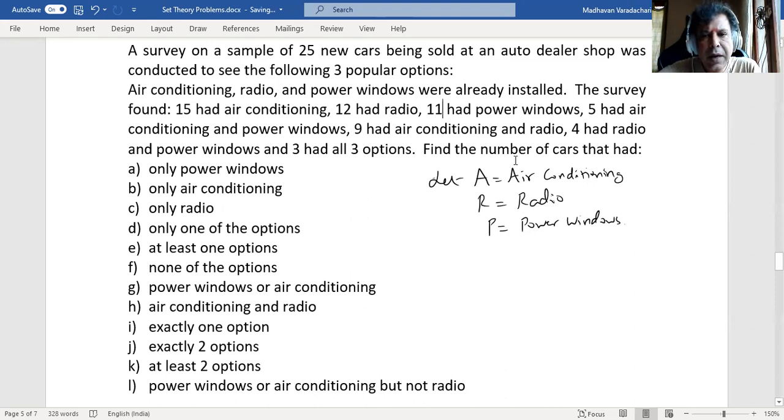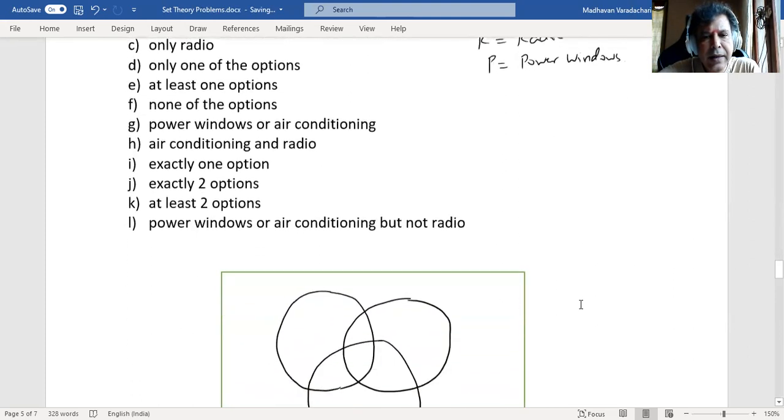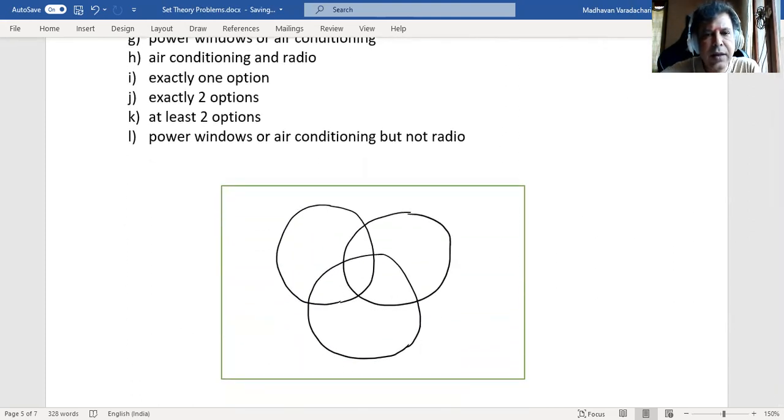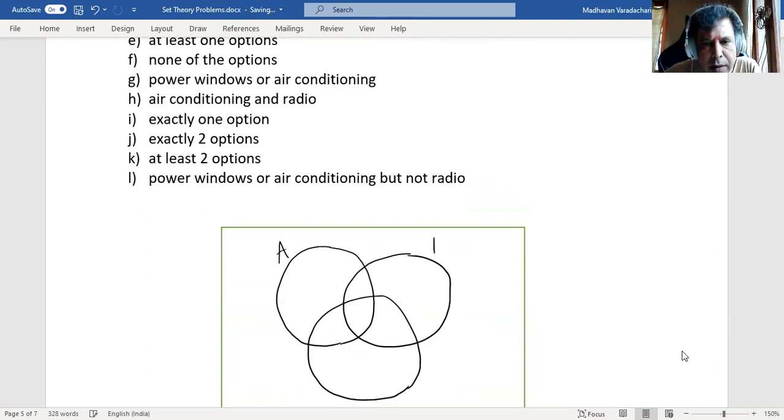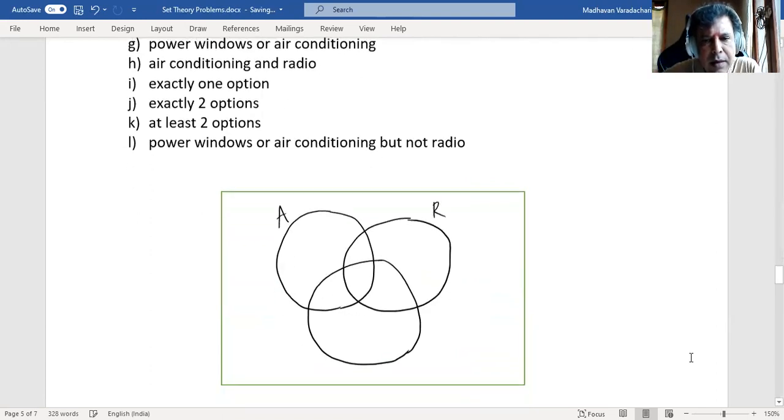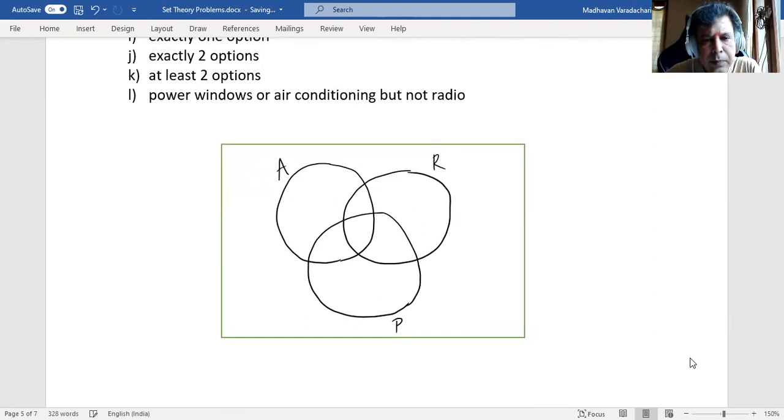So we have three different categories. So we'll create a Venn diagram having three circles. The first one is of air conditioning, radio is the second one, and third is the power windows.